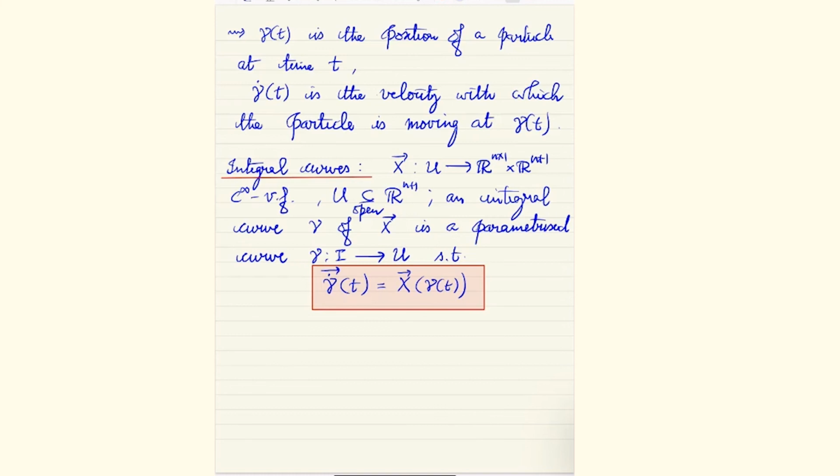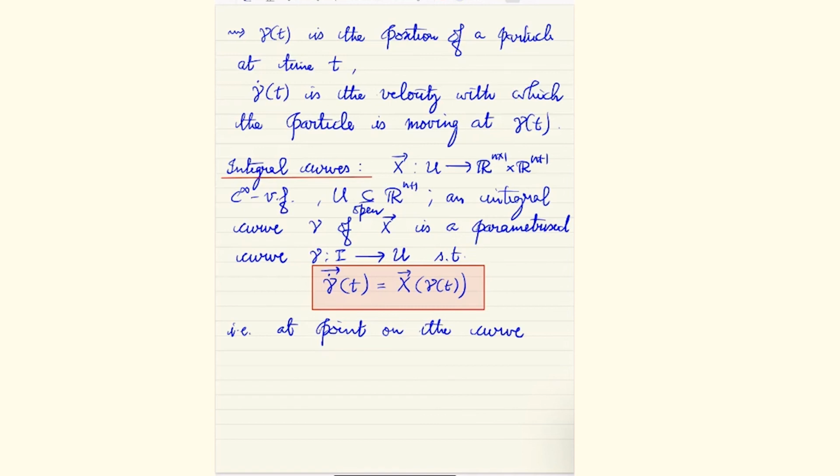So maybe I write this in words. That is, at each point on the curve, the velocity vector coincides with the tangent vector given at that point.